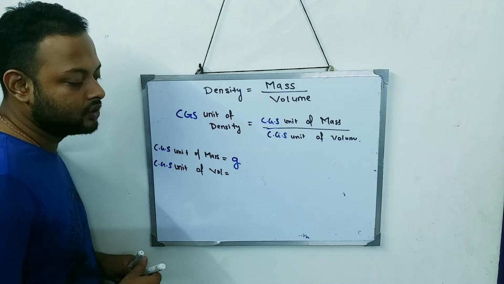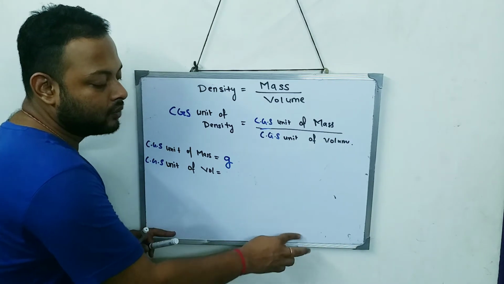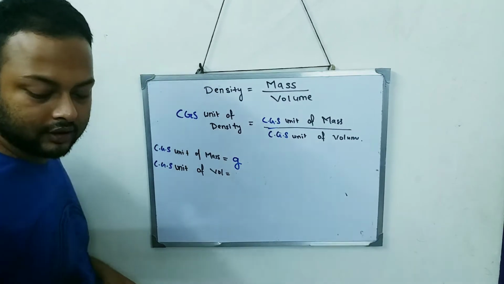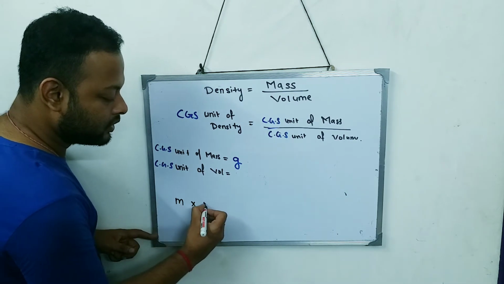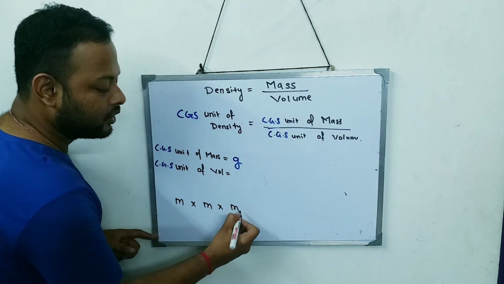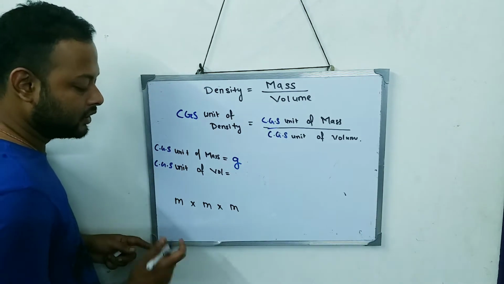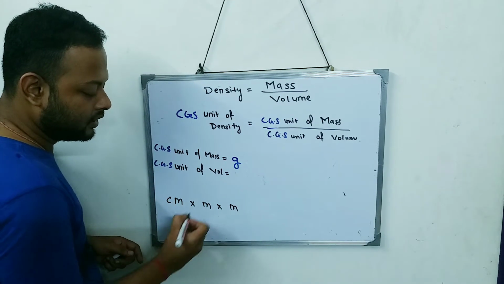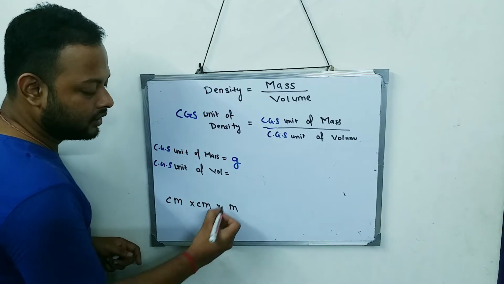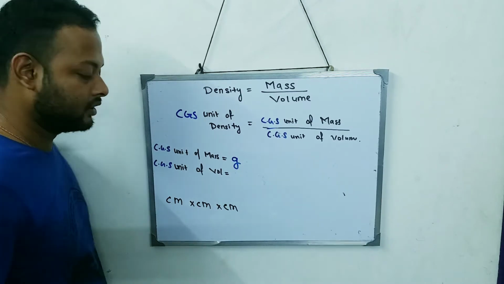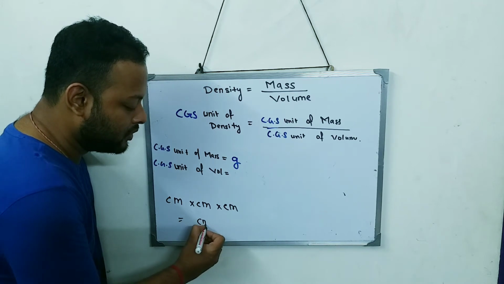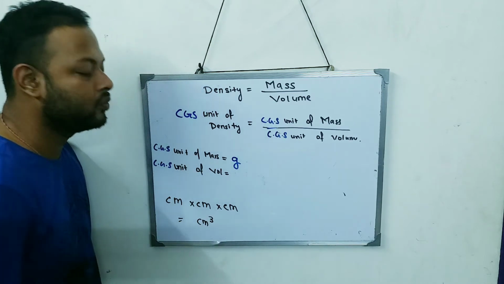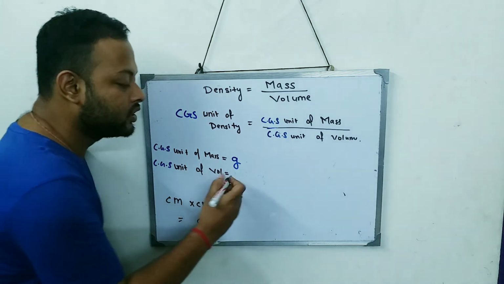SI unit was meter into meter into meter. But if I have to get the CGS unit, it will be centimeter into centimeter into centimeter. So centimeter into centimeter into centimeter will give you centimeter cube.